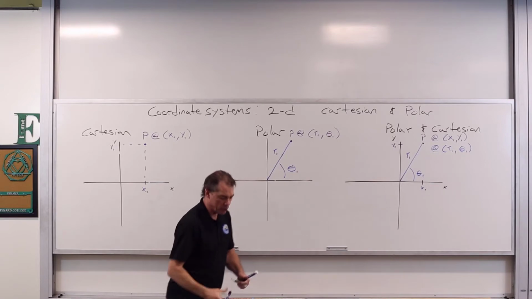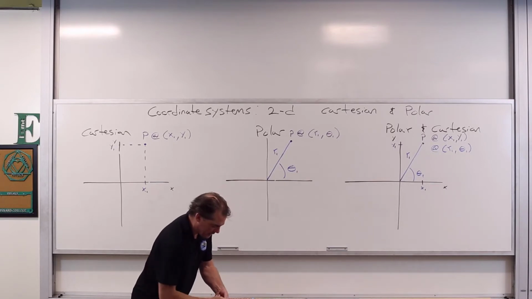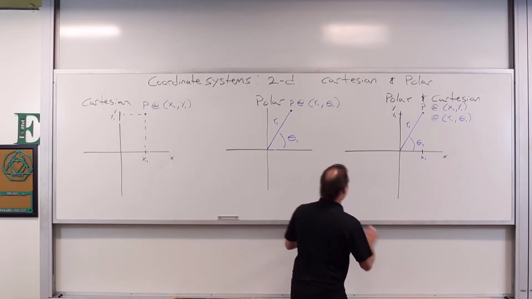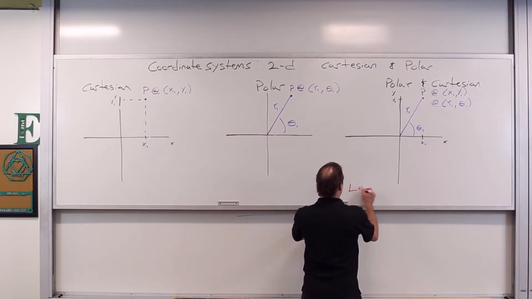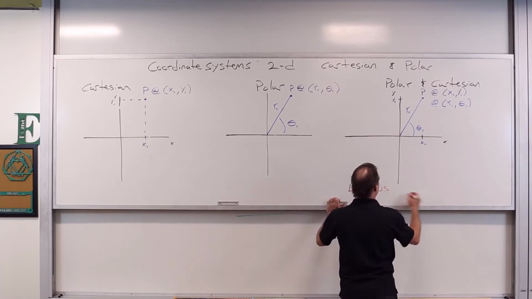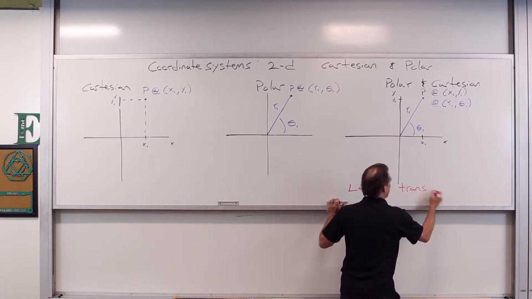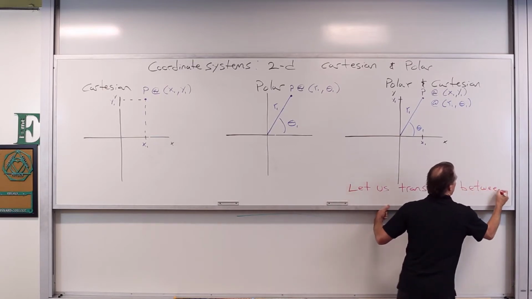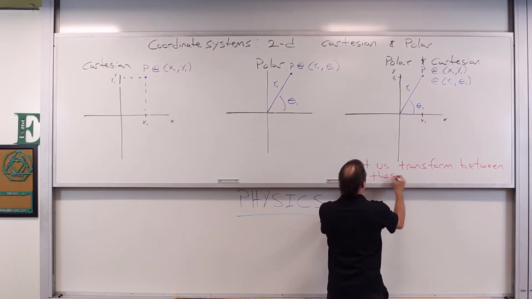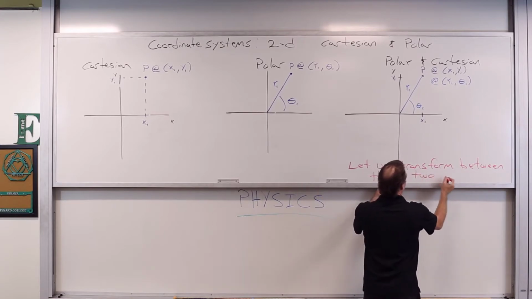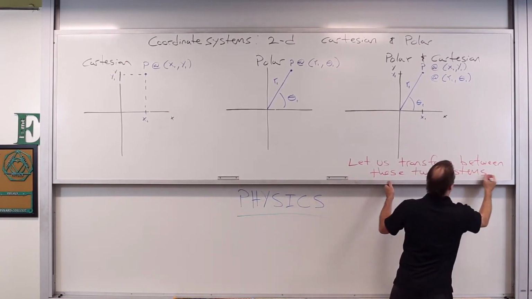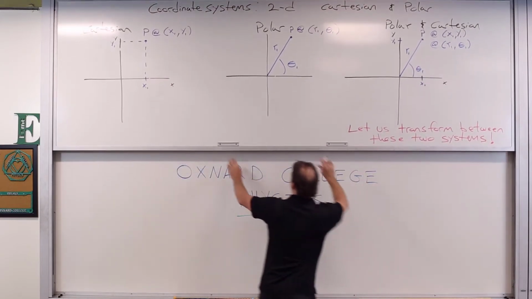So what we want to be able to do is transform in between those two coordinate systems once again. So how will we do that?